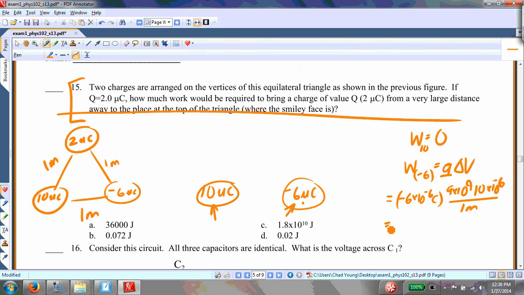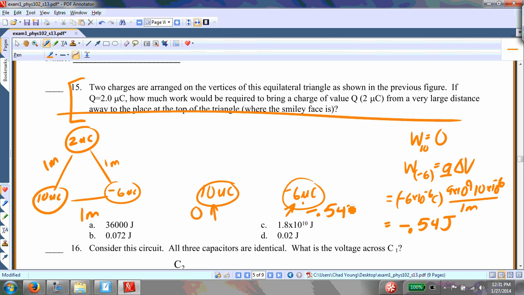And that's going to be the work required to bring in that negative 6 microcoulomb charge. So that's going to be negative 0.54 joules.